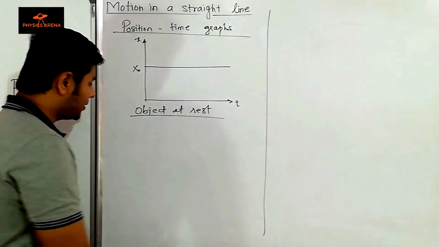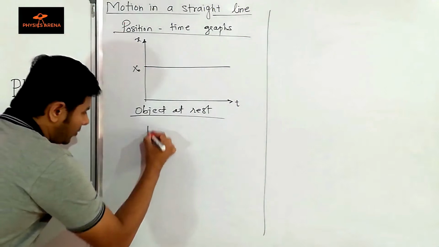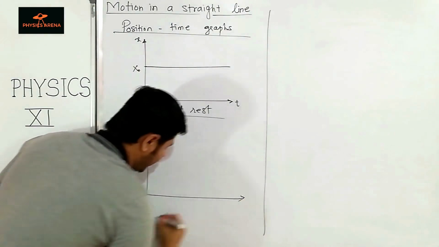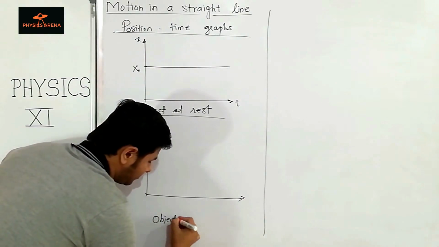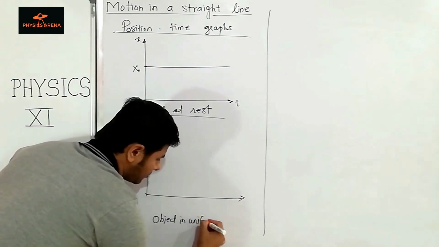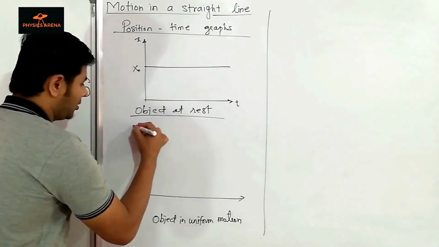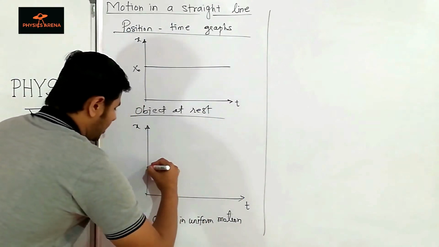Try to recollect. And for an object in uniform motion, the graph is like this.